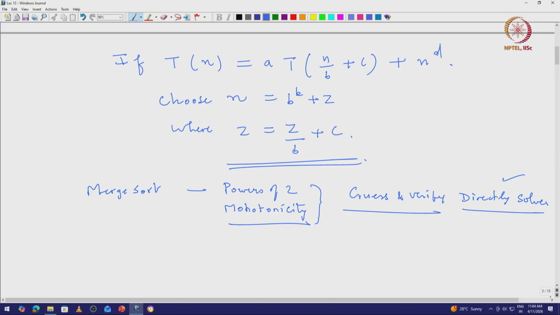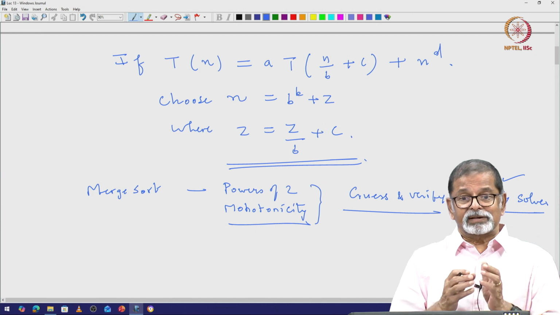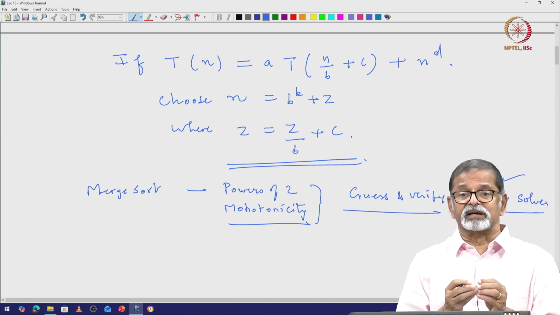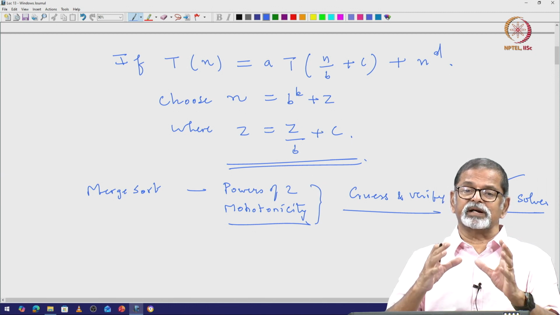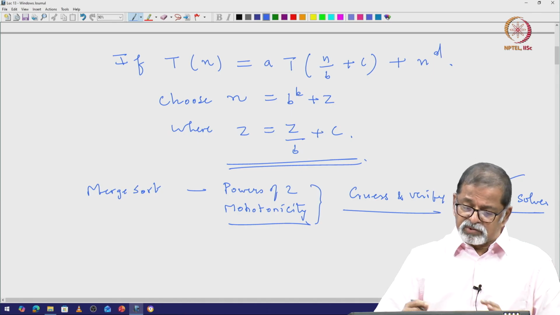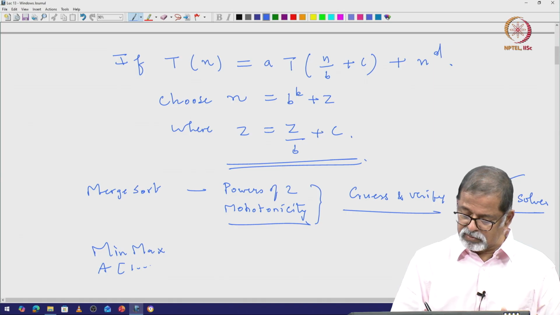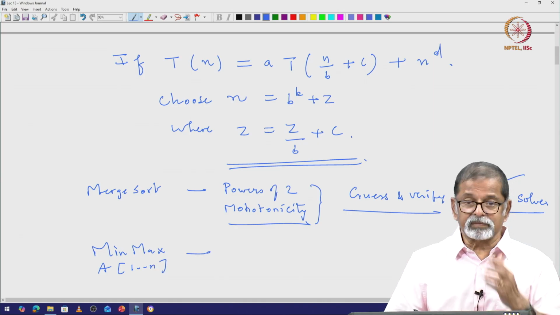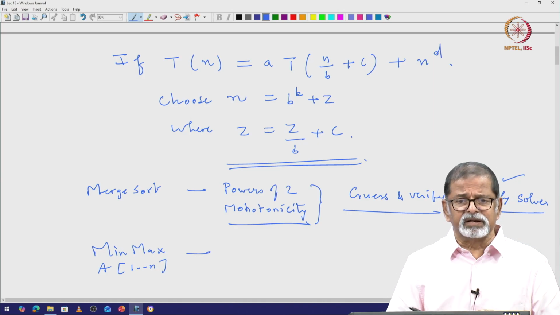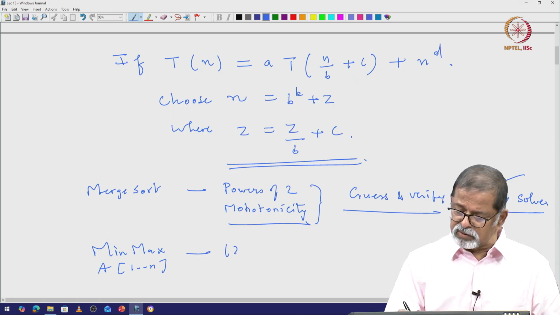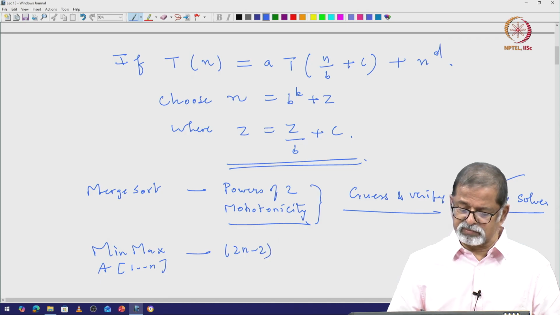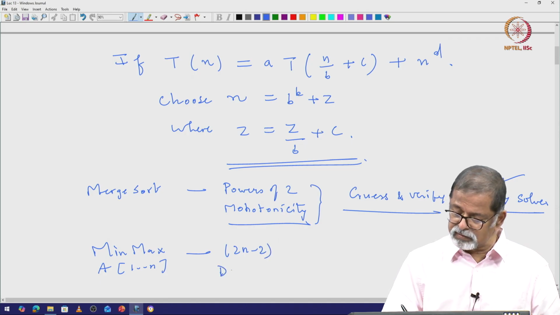Then we were trying to look into the design of efficient algorithms using the divide and conquer paradigm. So we have found the min and max of n numbers, a1 to an. The direct divide and conquer algorithm had complexity 2n minus 2. This is the direct one.